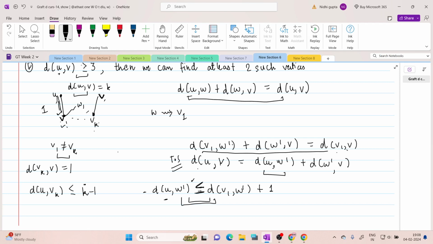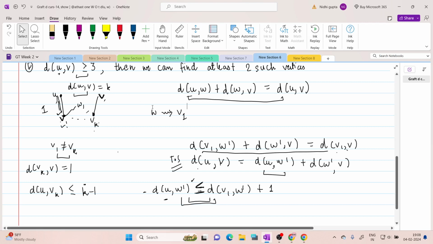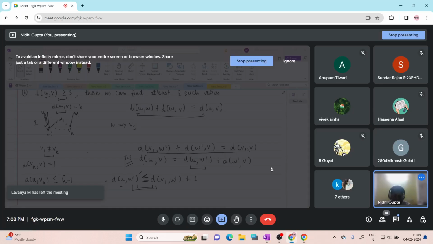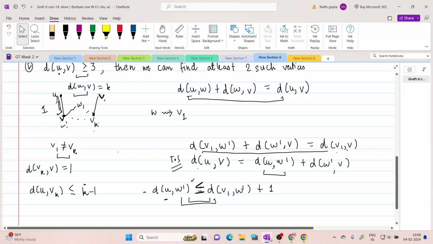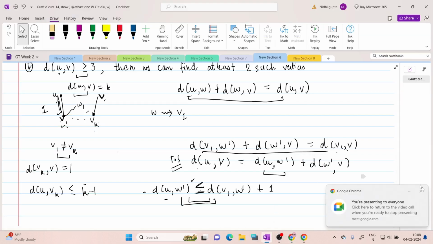So we are getting at least 2 such vertices. So is this argument clear? Okay.